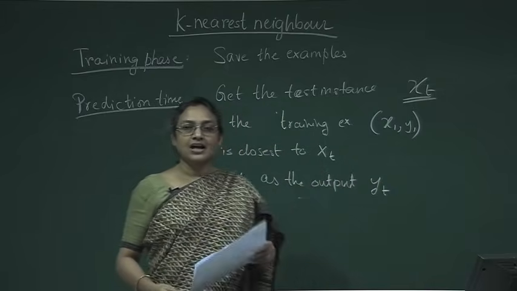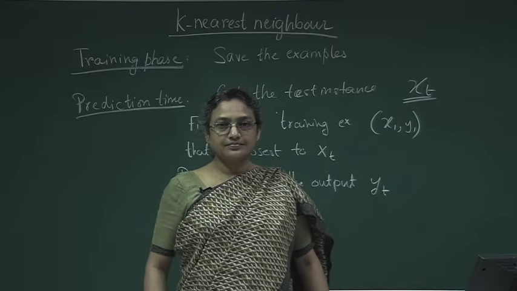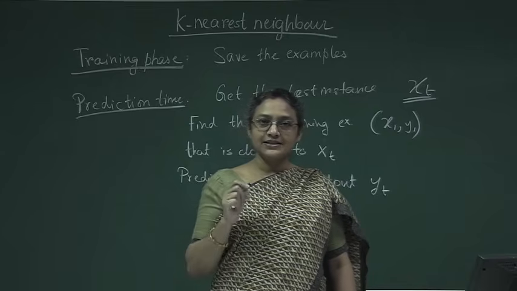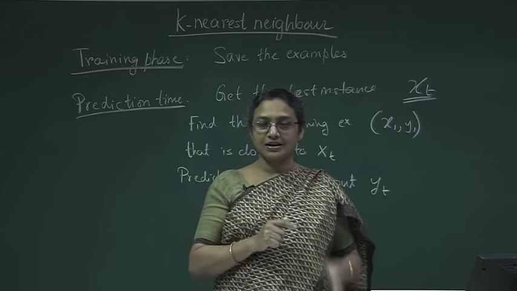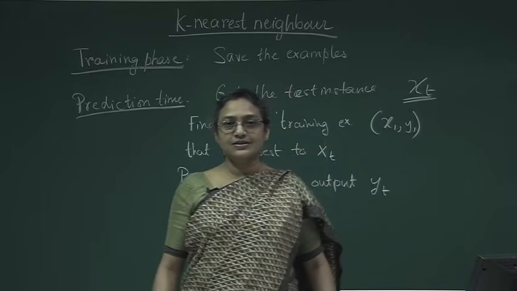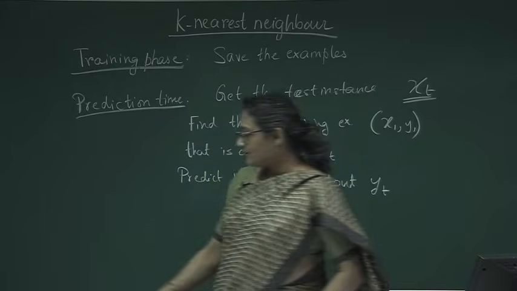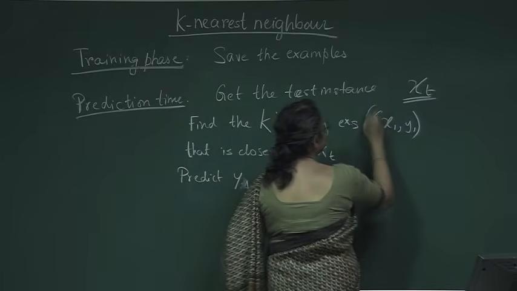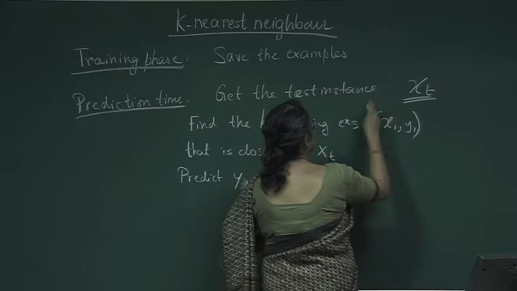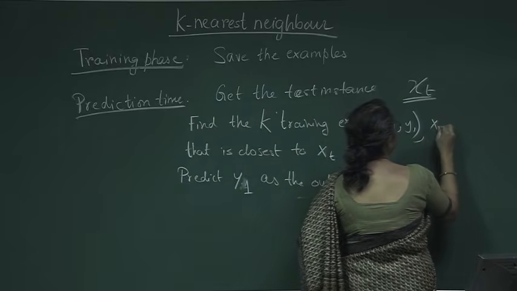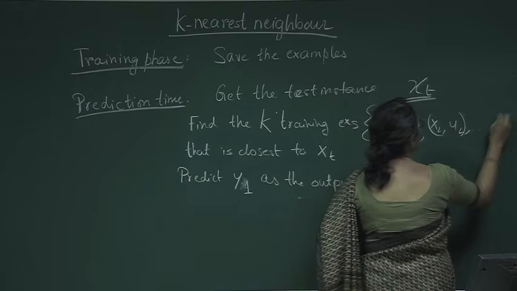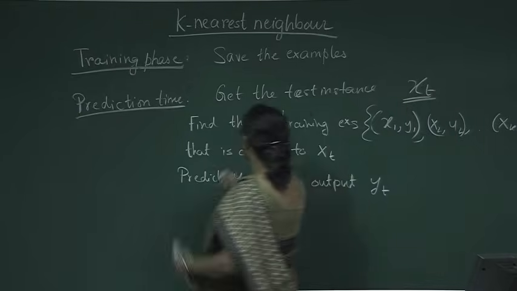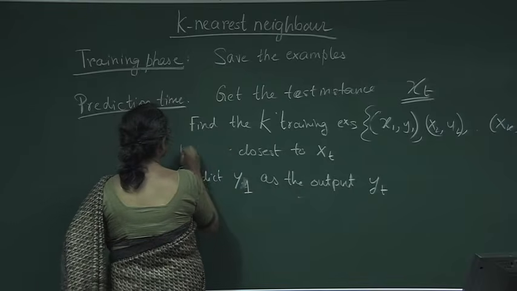This is the basic one nearest neighbor algorithm. Now, in a more generalized form of the algorithm, instead of finding the single nearest neighbor, the single example which is closest to the test example, what we do is that we find k training examples (x1, y1), (x2, y2), ..., (xk, yk), which are closest to xt.